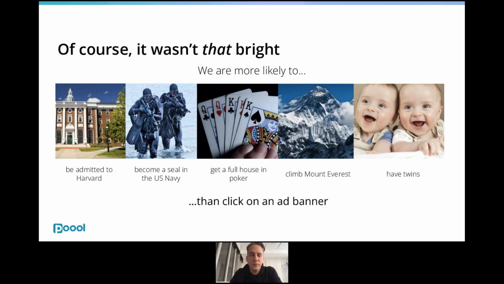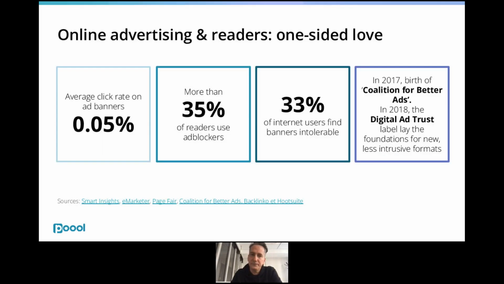Click-through rates are really low, and it makes sense because there are more and more ad impressions per page, so the click-through is divided equally. Click-through sucks, we know that. 0.05% is the average. When you have 0.1%, you're amazed for your clients, you're amazed for yourself.